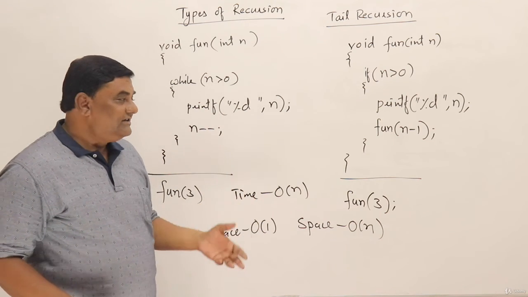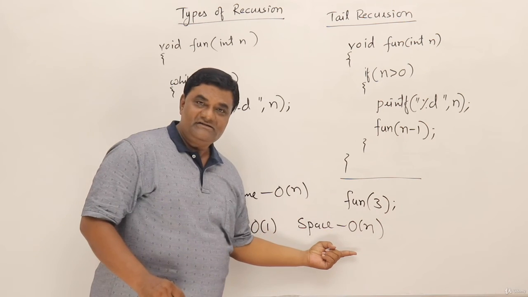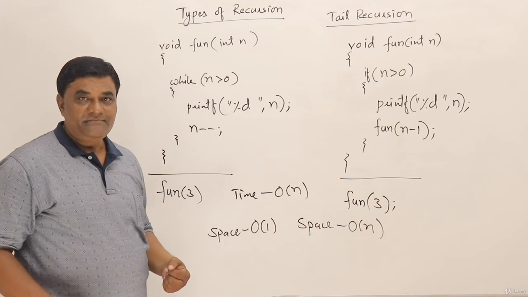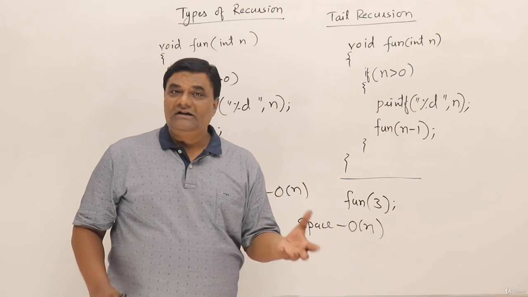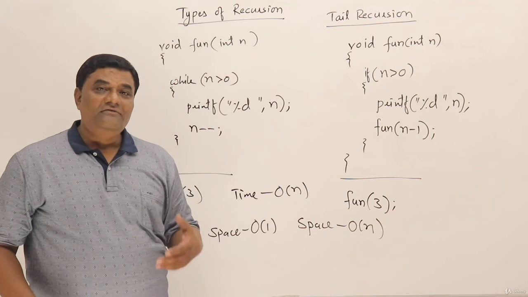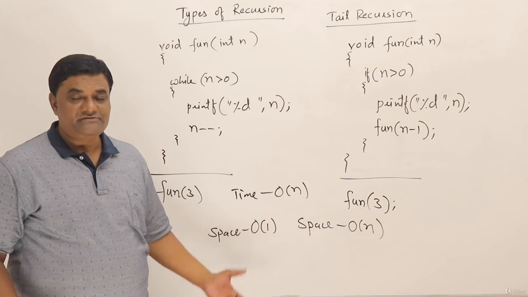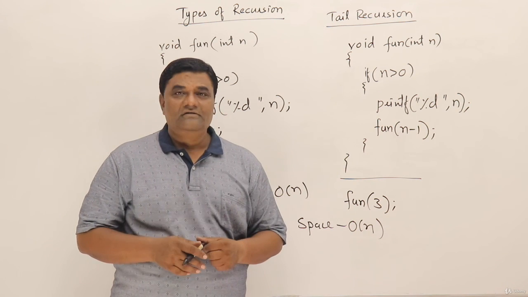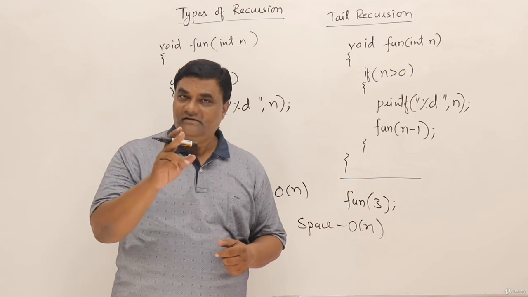It means they will try to reduce the space consumption and utilize only order of 1 space. So your function will be converted into object code just like a loop where the space is reduced. So that's all about tail recursion. Next we will see head recursion.